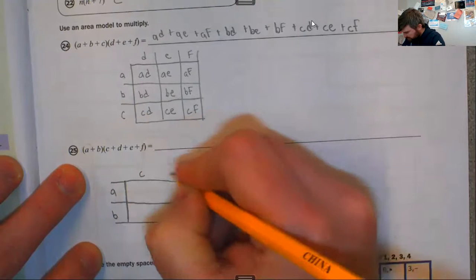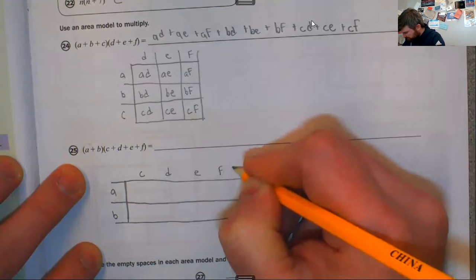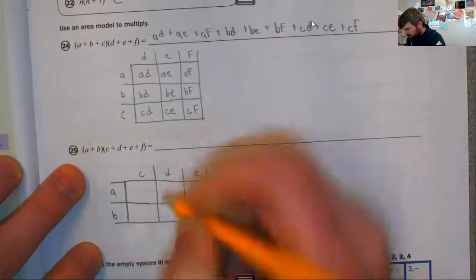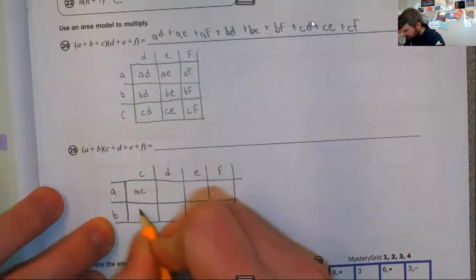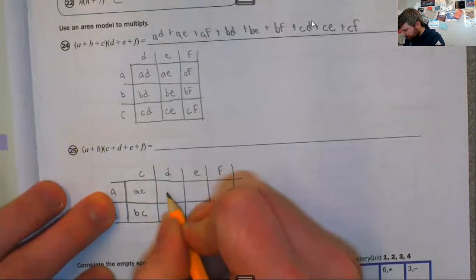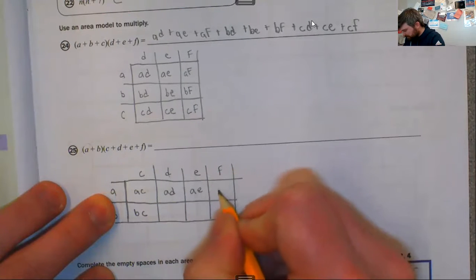So C, D, E, F. And we're going to multiply these. Okay, so you got A times C, B times C, A times D, A times E, A times F.